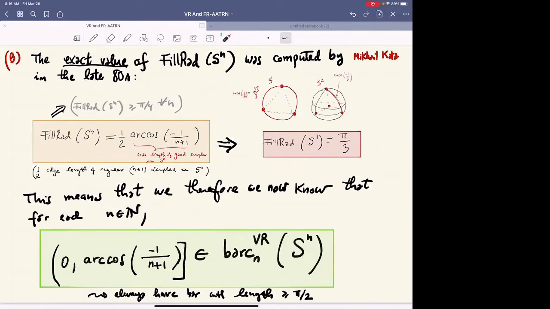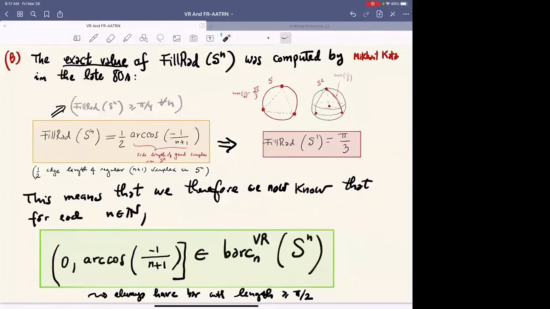We know perfectly well what is a Vietoris-Rips barcode for S1, but for a general n, things become much more complicated. So via the result in the previous slide, and via calculations done by Katz that yield a precise value for the filling radius, we now know that this bar is always in the barcode of Sn.